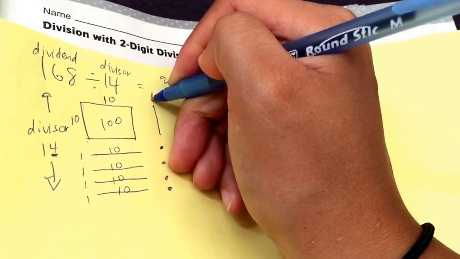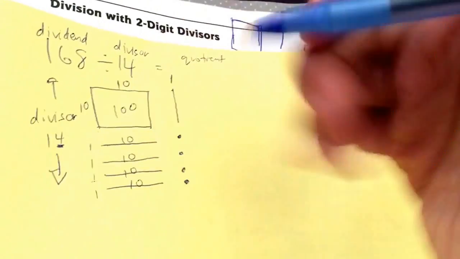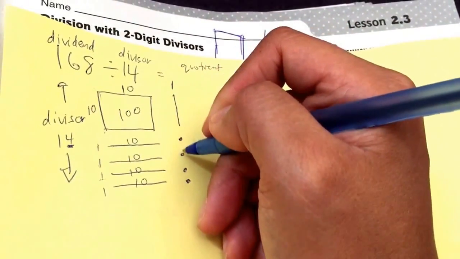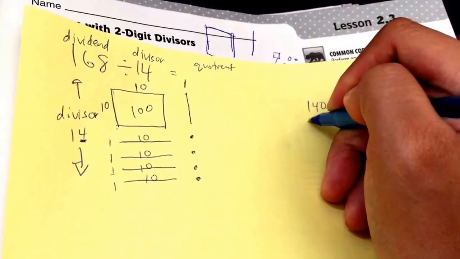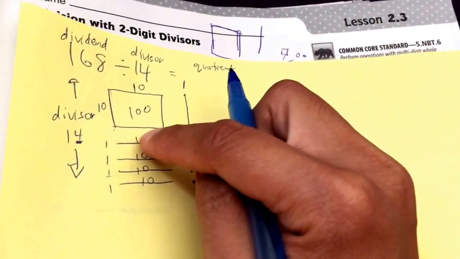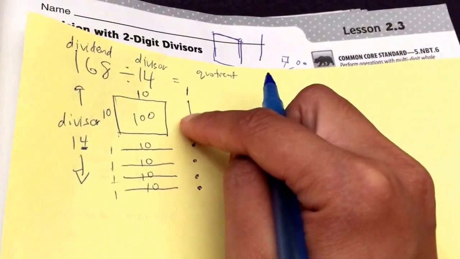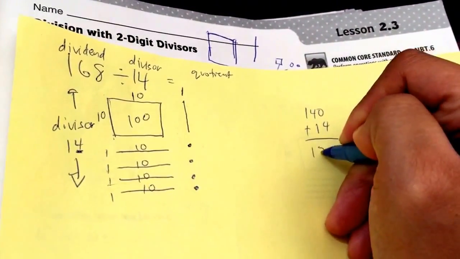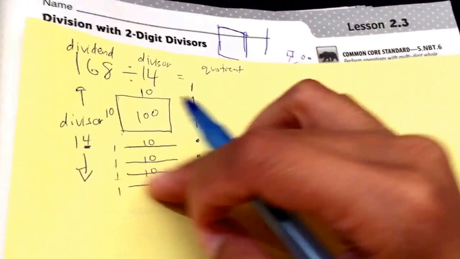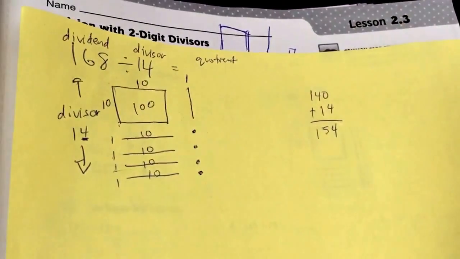So we added one more column, 14 more. Now altogether we have 100, 10, 20, 30, 40, 50, 51, 52, 53, 54. So in our whole picture, it's 154.